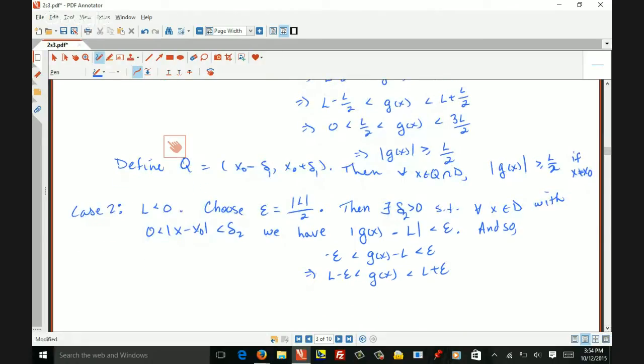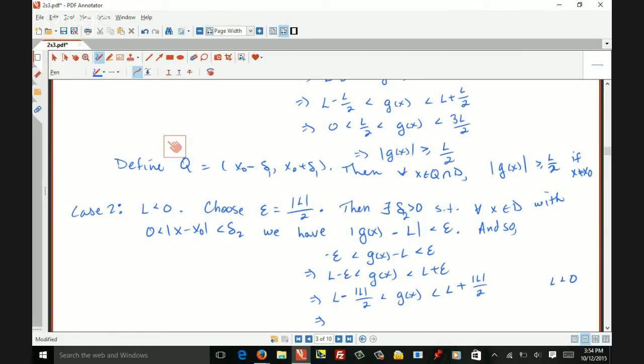Remember, this L here is negative. So that absolute value of L is negative. So you're actually subtracting.